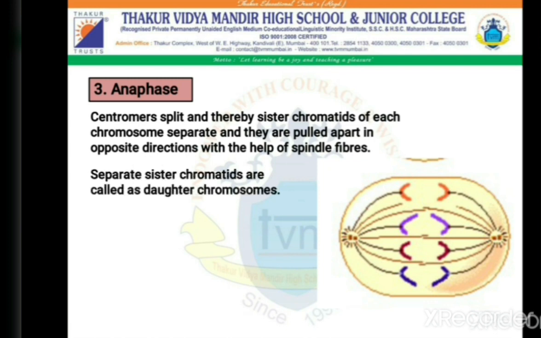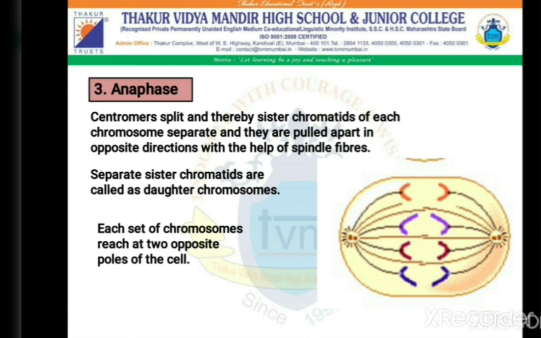These separated sister chromatids are called daughter chromosomes, and each set of chromosomes reaches the two opposite poles of the cell. So that's what happens in this stage called anaphase.